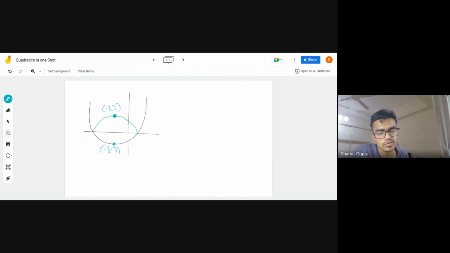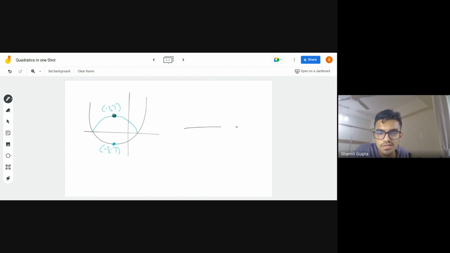If you're not exactly sure how it works, you should check out my video on functions. You can just check the channel. There's a video on functions, and then you can skip to the modulus part. But if you just want a very brief recap, you reflect the negative part over the x-axis. So this part gets reflected. This becomes (-3, 7).